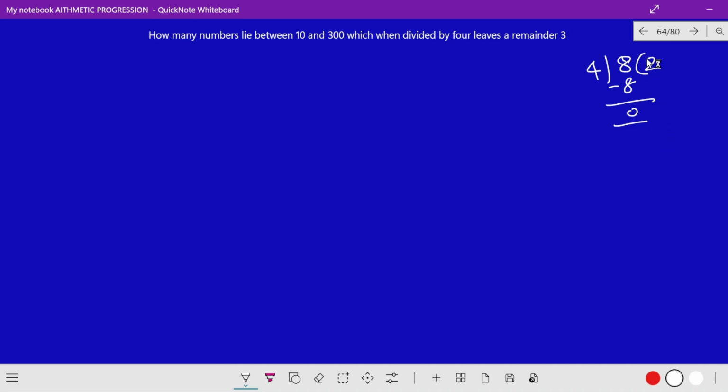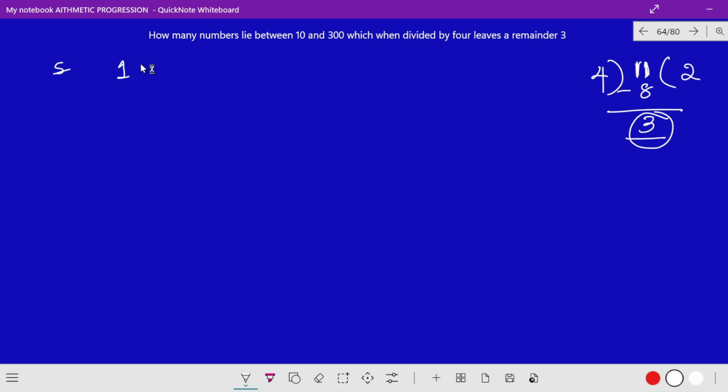For example, if I take 11 and divide this by 4, 4 twos are 8. How much is remaining? 3. So if I want a number divisible by 4 leaving remainder 3, I should take the number after 10. The first number will be 11.